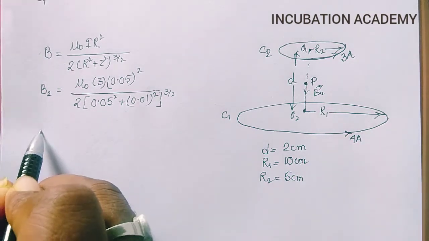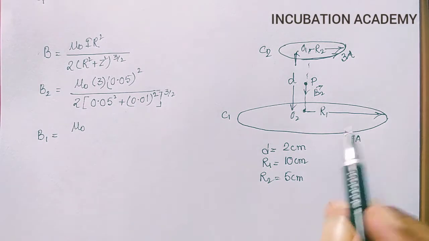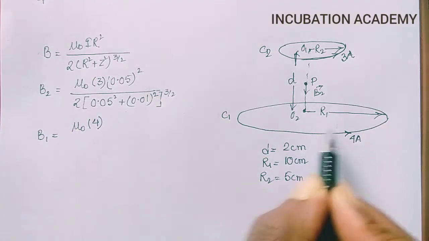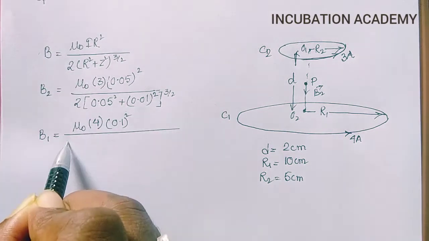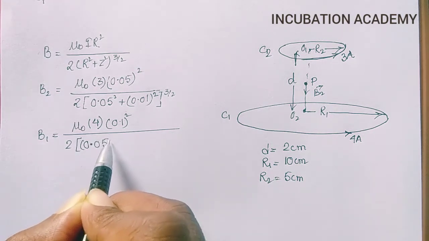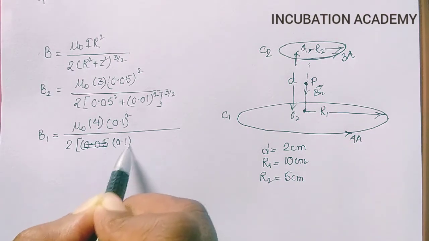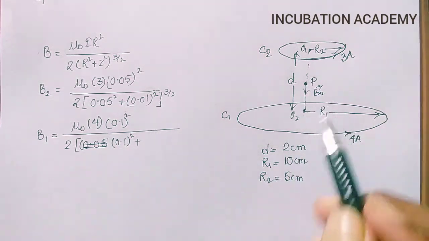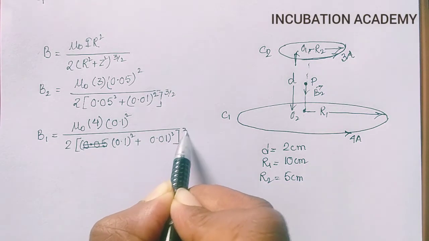So if I try to find out the value of B1, then B1 is mu naught, the current is 4, so mu naught into 4, and the radius is 10 centimeters, so it is 0.1 square, divided by 2, sorry, here the radius is 0.1, so it is 0.1 square, and the separation, that is O2P, is again 1 centimeter, so we can write 0.01 square, to the power 3 by 2.